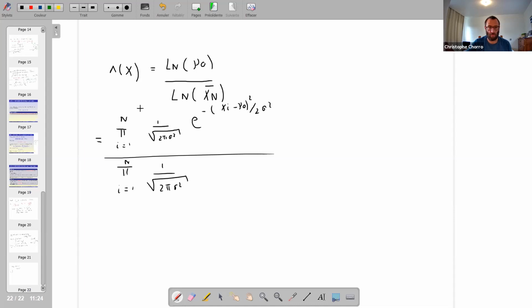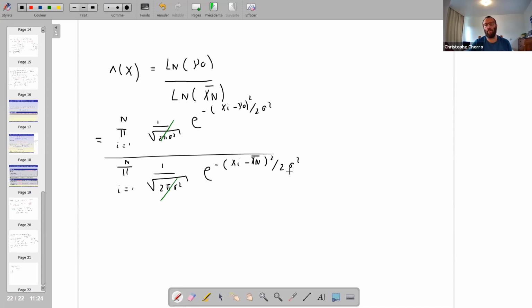What is nice here is that I will have simplification between these terms, and exponential minus (xi minus xn overline)^2 over 2 sigma square.